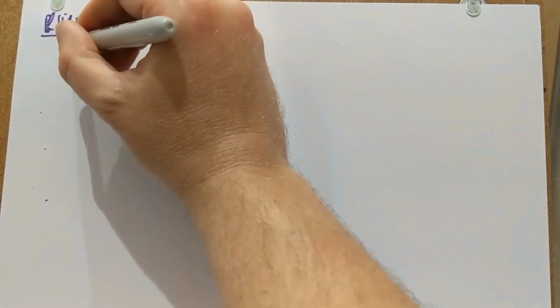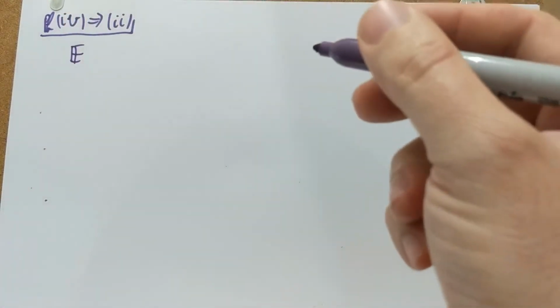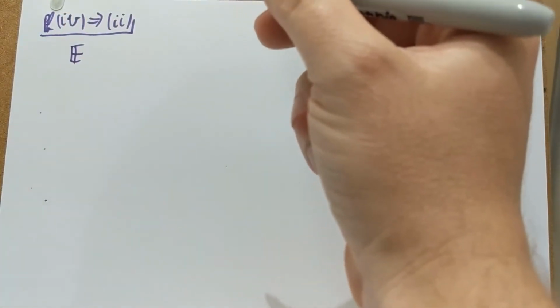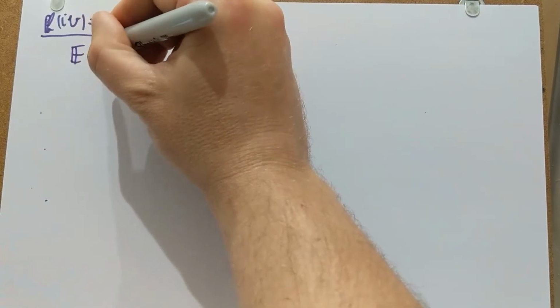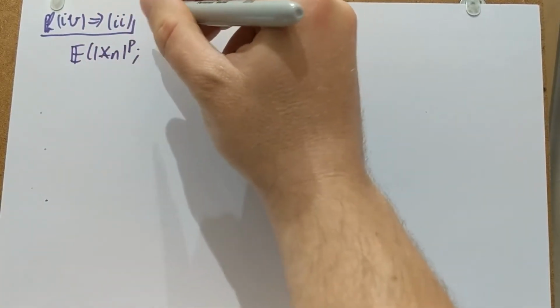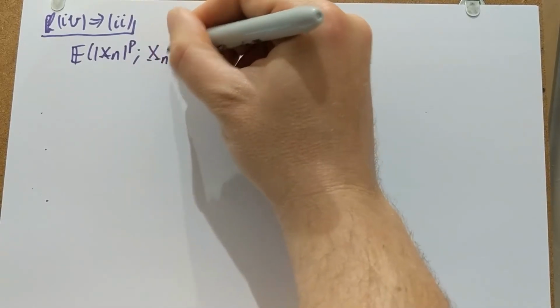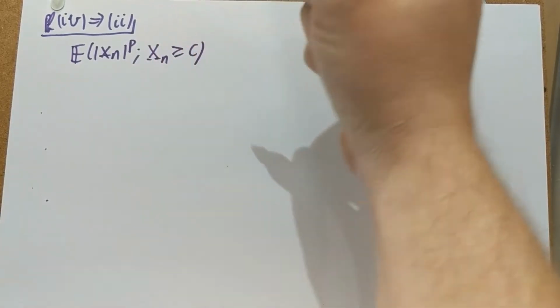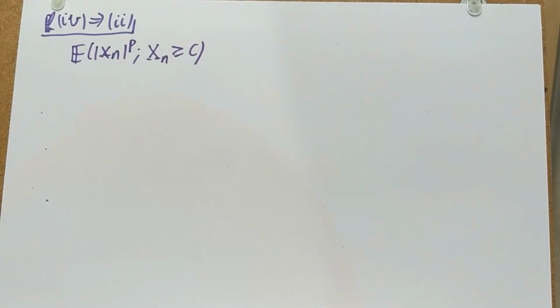Okay, let me start off with the following thing. We want to do P's power uniform integrability, so we are looking at the expectation of Xn to the P power under the event that |Xn| is larger than or equal to C, and we want to show that we can make this arbitrarily small uniformly in n just by picking large enough C, assuming that we have boundedness in LQ.